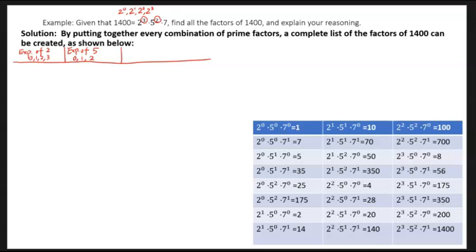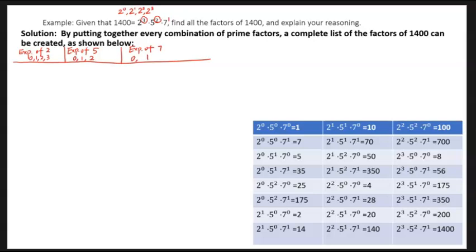And finally, because the exponent of 7 is 1, when we pick the prime factor 7, we can either choose not to pick it, which is 7 to the 0, or we can pick 7 to the first.